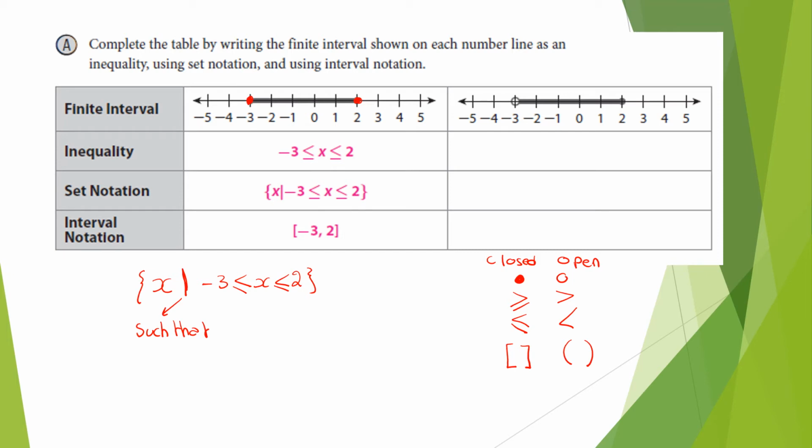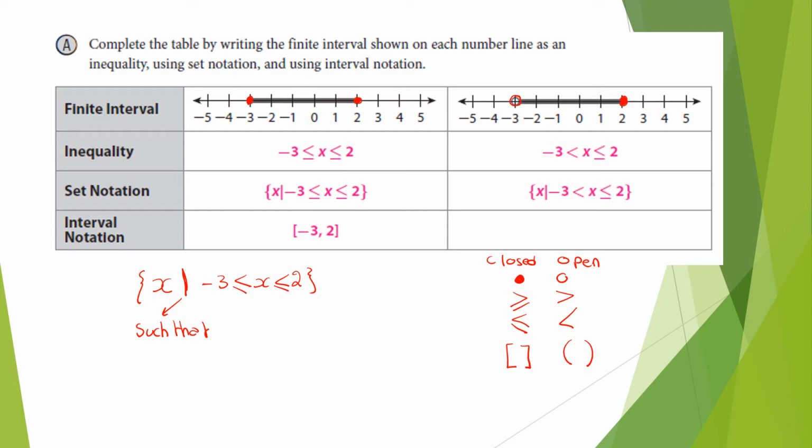In the next one, this end is open and this one is closed. So it's from -3 to 2, but the first one without an equal sign: -3 less than X less than or equal to 2. The set notation is the same thing: the set of X such that -3 less than X less than or equal to 2, and then I close the braces.